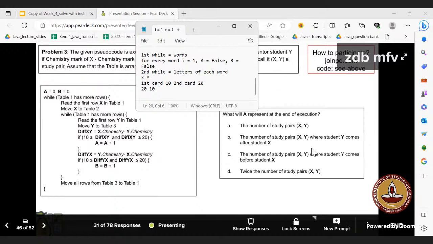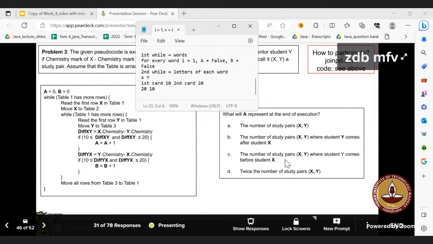If student y comes before student x, that will be counted as a pair in B, because the difference between y dot chemistry and x dot chemistry will be in the 10 to 20 range, and that will be counted as a study pair in B. According to C, x and y is a study pair if the difference between x and y is between 10 and 20.